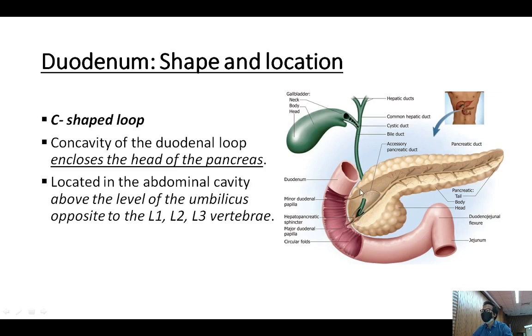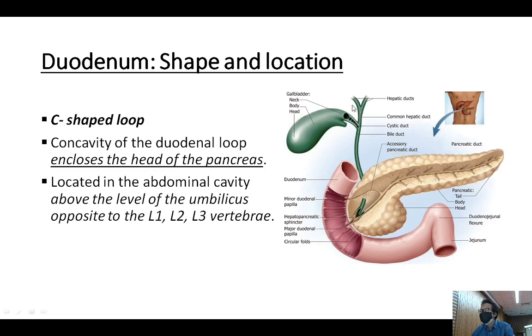And there is an accessory pancreatic duct, which also opens into the duodenum, but it may or may not be present, not present in all people. It also opens into the inner concavity of the duodenum.